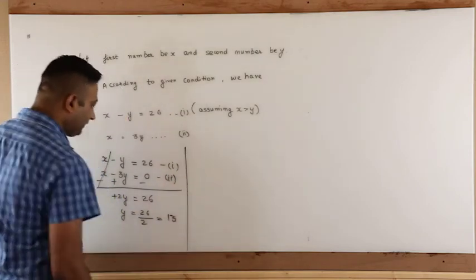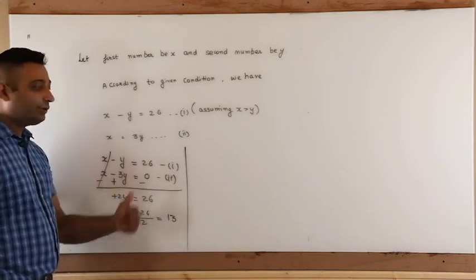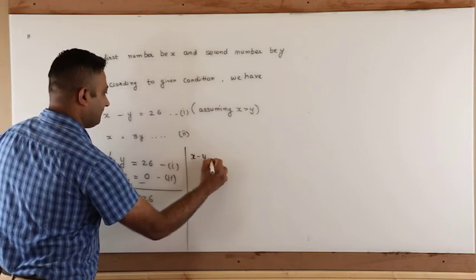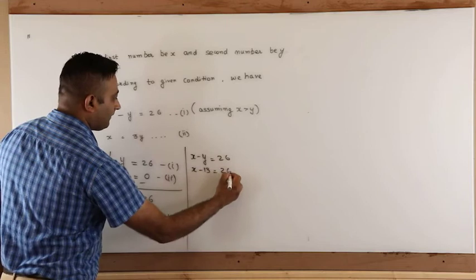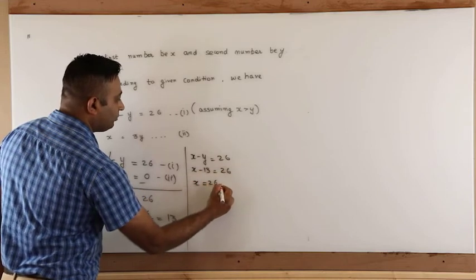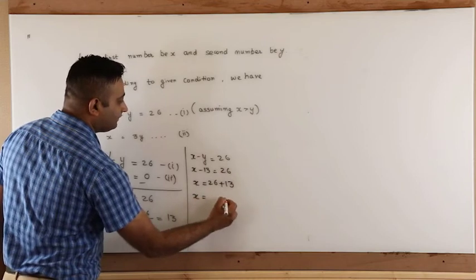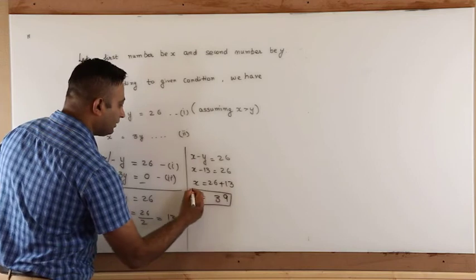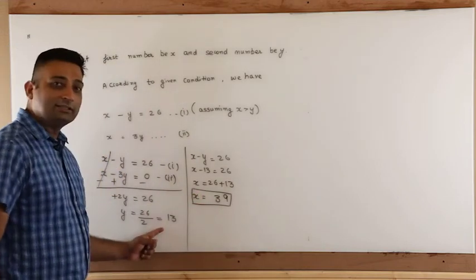By substituting the value of y equal to 13 in any of these two equations, we will get the value of x. That is x is equal to 26 plus 13. That is x is equal to 39. So we got the two numbers, that is 39 and 13.